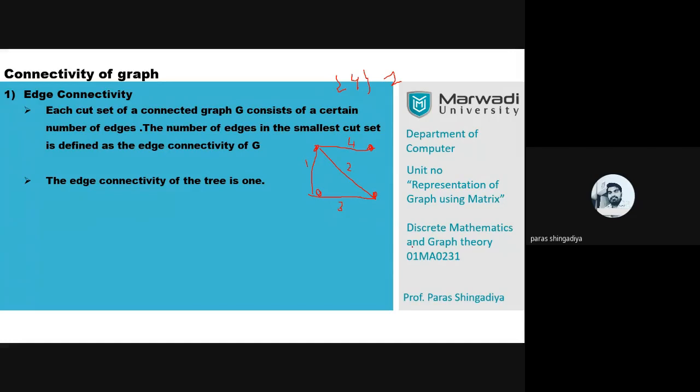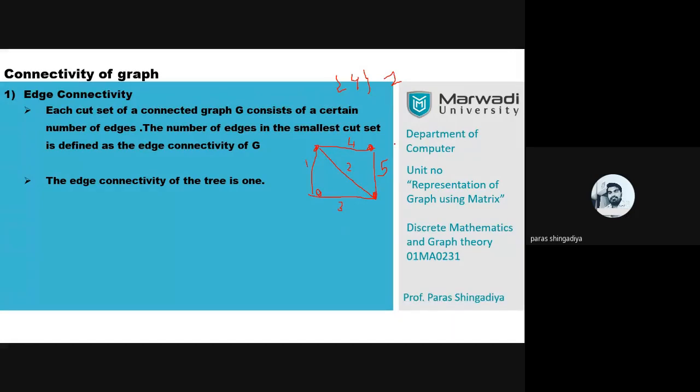Now suppose I modify this graph, and it includes 5 edges right now. What will be the edge connectivity of this graph? I add one more edge, the 5th one, and now you have to check the edge connectivity of this graph. First I will check all the cut sets. The cut sets are {1, 2, 4}, {1, 3}, {2, 3, 5}, {4, 5}.